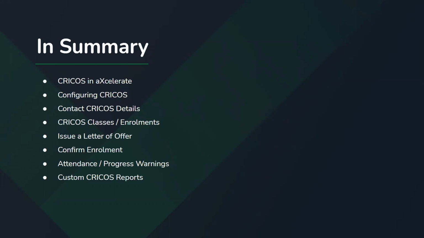We've shown you how to send progress warning templates, or warnings to double up on the word. And we finished off by looking at the custom CRICOS reports that we can import into your account that can be very useful for setting up CRICOS-related workflows.